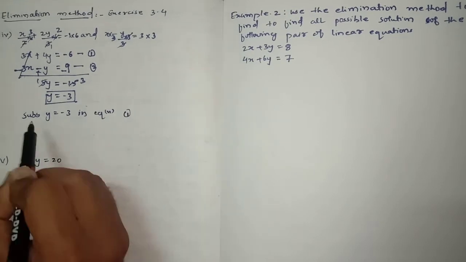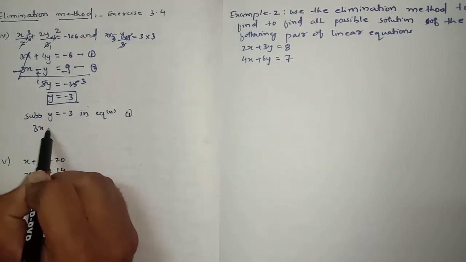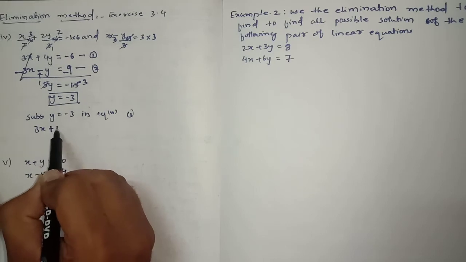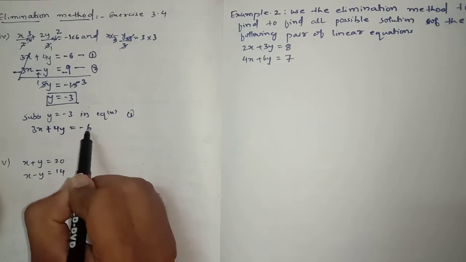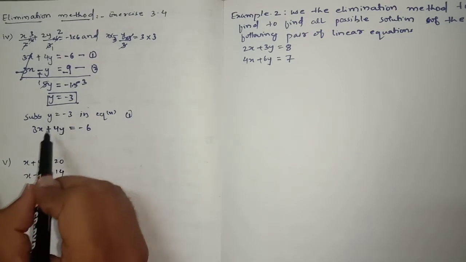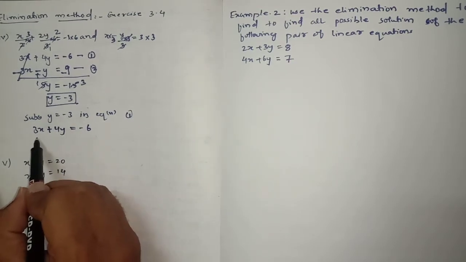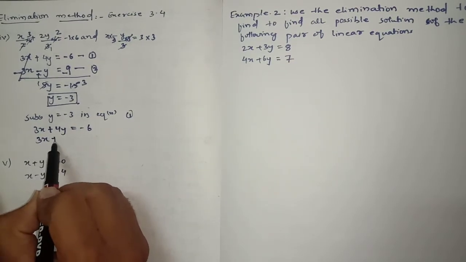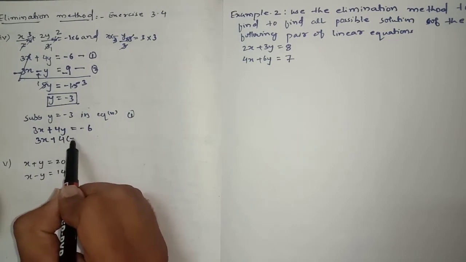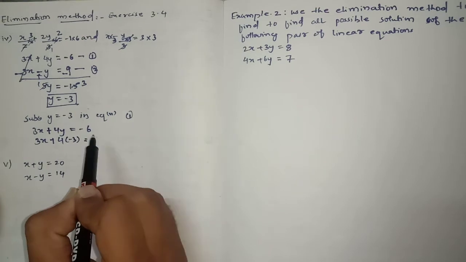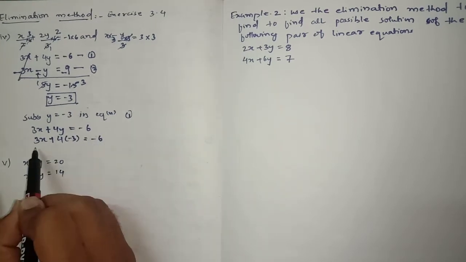Now let's first write equation number 1: 3x plus 4y is equal to minus 6. Now 3 into x will be as it is, 4 into the value of y, minus 3, is equal to minus 6.